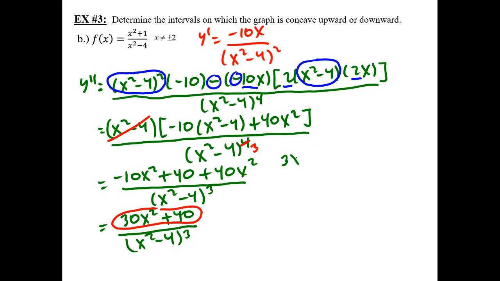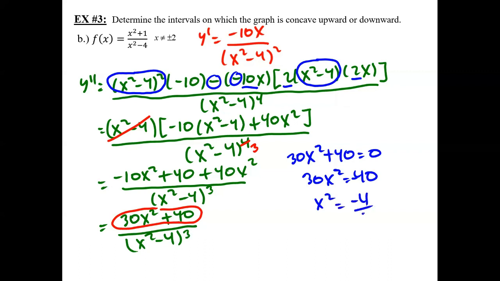So we have 30x squared plus 40, equate natin siya sa 0. 30x squared is equal to negative 40. So, x squared is equal to negative 4 over 3.